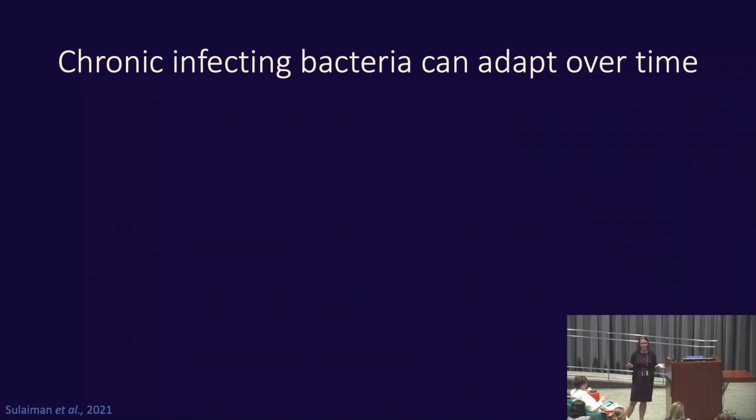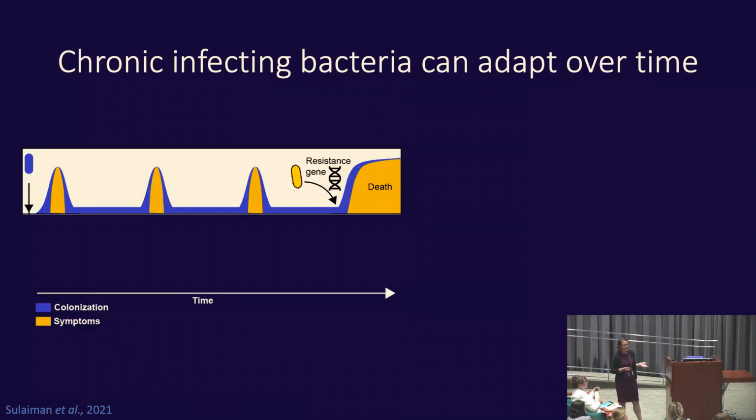That gives them more time to adapt to their environment, particularly the host environment. There are many mechanisms of adaptation, and one may be that now they have more time to interact with co-infecting microbes, and they have a higher chance of gaining resistance genes. And then maybe you'll need a treatment. Now your treatment doesn't work, so you're more likely to have death of the patient if you have a new resistance gene.